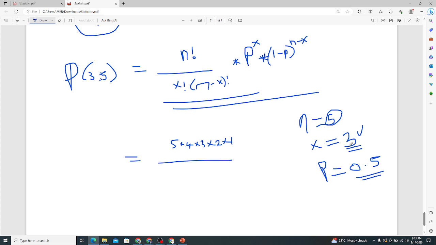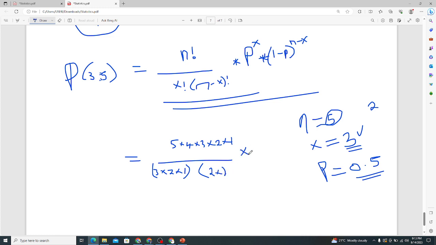Our x is 3, so it will be 3 factorial, which is 3 multiplied by 2 multiplied by 1. Then we multiply that with n minus x factorial. n minus x in our case is 5 minus 3, which is 2, meaning it is 2 factorial, so we have 2 multiplied by 1.